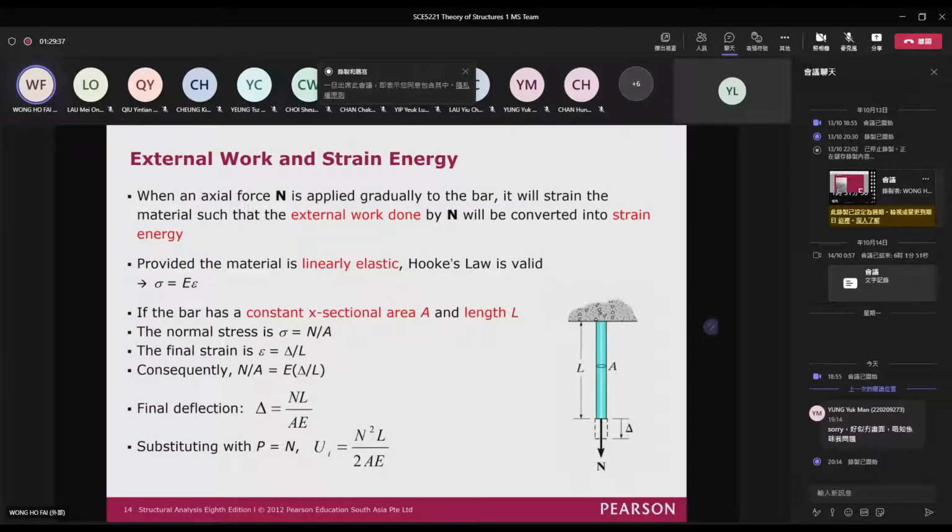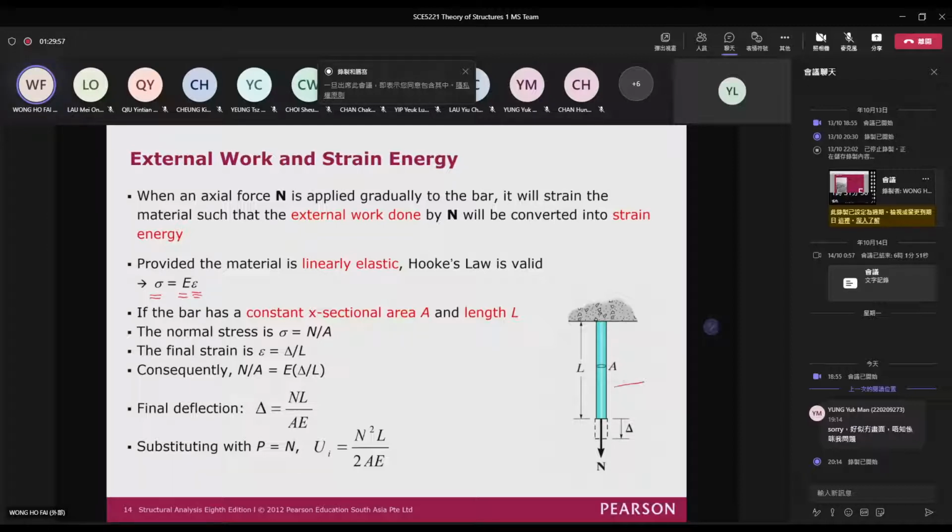Here we can explain the external work done and the internal work done in a more detailed way. Basically we have Hooke's law, which means stress is equal to Young's modulus times the strain.